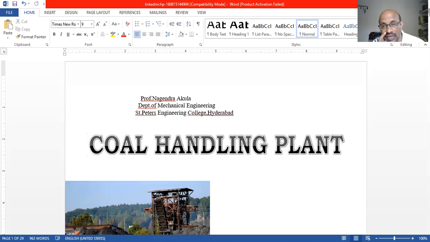Okay. And then the fifth point we discussed is outdoor storage. So for outdoor storage, what do we want? Bulldozers. See, all this equipment we are going to discuss here. This is heavy earth mechanical equipment.